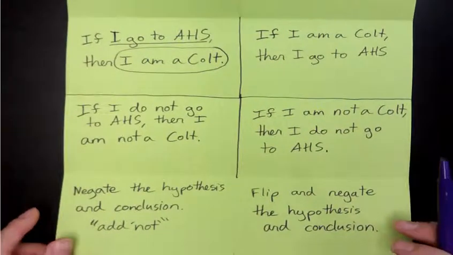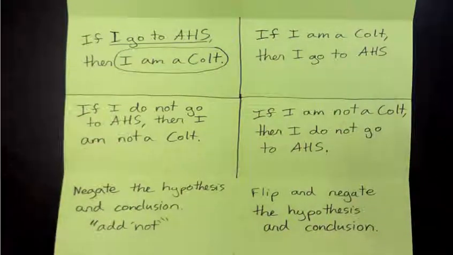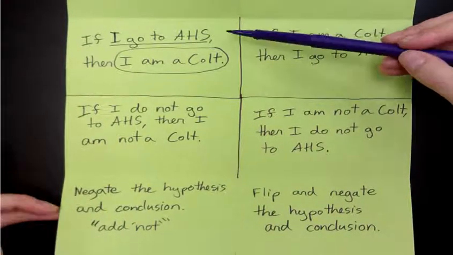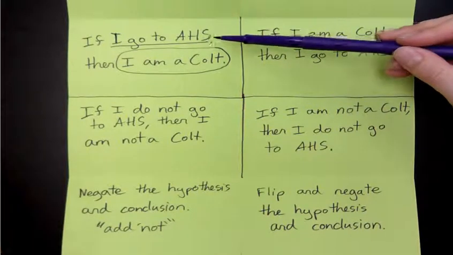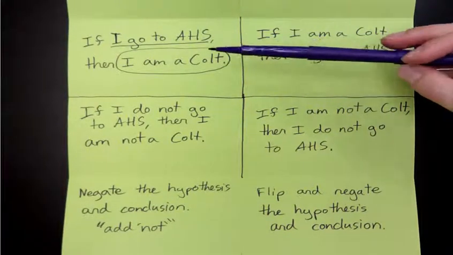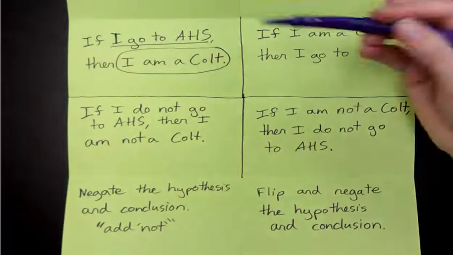So, real quickly, let's talk about the truth of statements. In logic, we aren't dealing with the truth. Is the first statement true? If I go to AHS, then I am a cult. Can you think of any circumstance where it would not be true? You're human. Maybe our junior hires who come up here for that. Or there's other substitute schools in other states. Yeah.